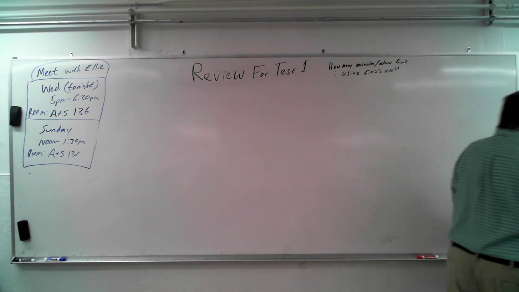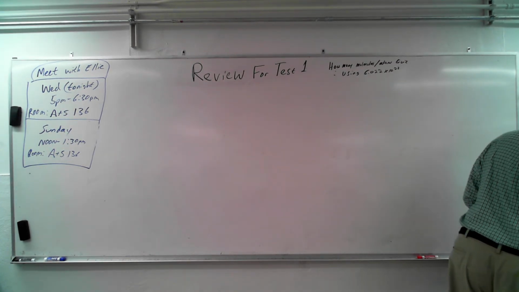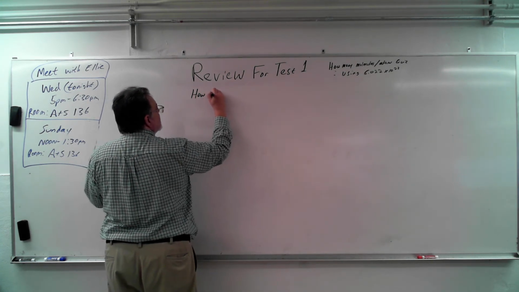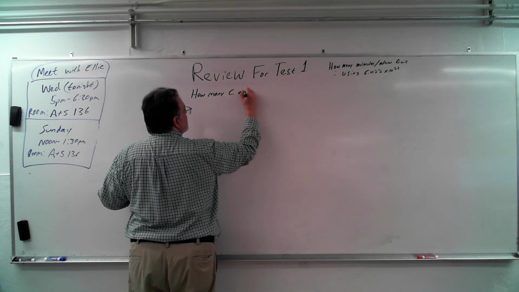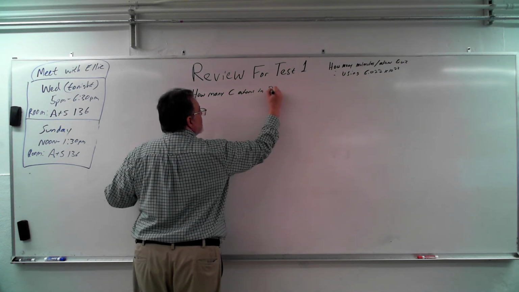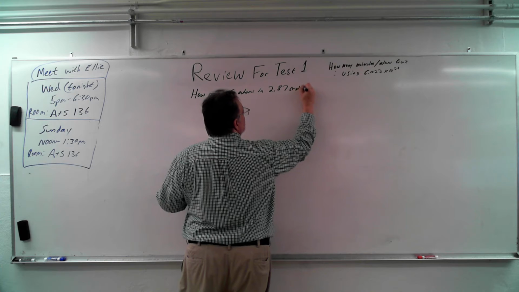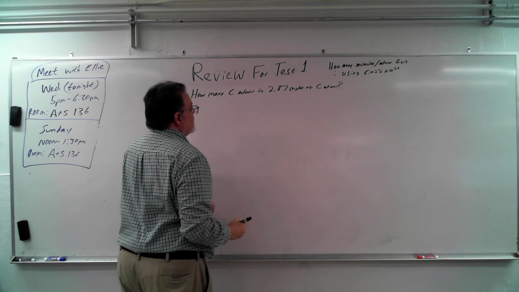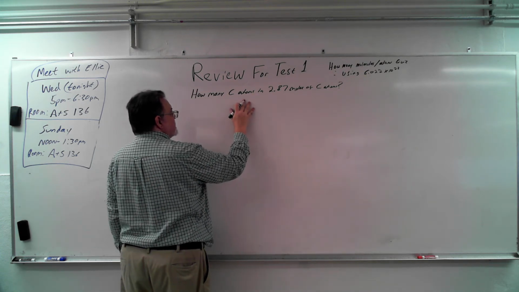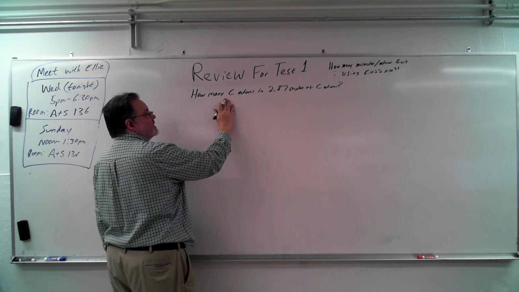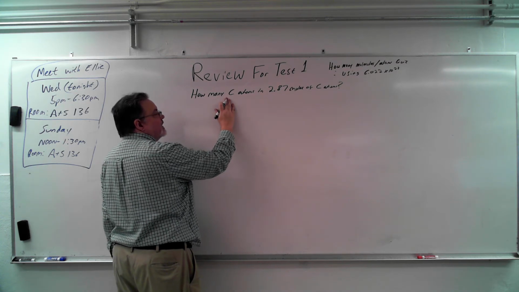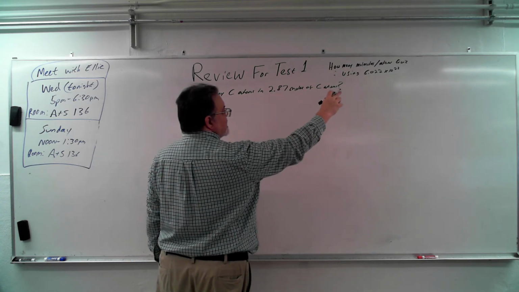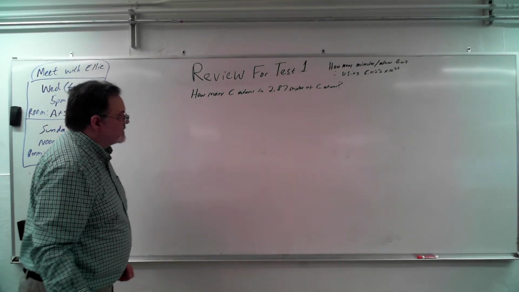This first one in the quizzes says how many carbon atoms in 2.87 moles? So it says how many carbon atoms. It doesn't say how many grams of carbon atoms, or how many moles, or how many liters. It doesn't have a unit at all here. That's your clue that you're going to use this number. It'll just have a label.